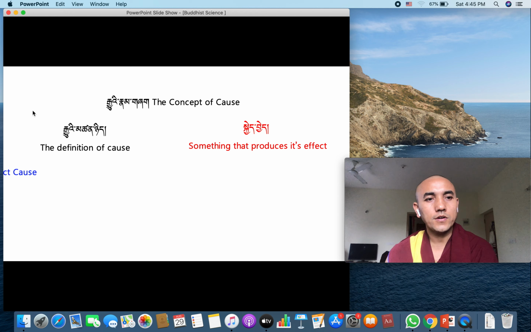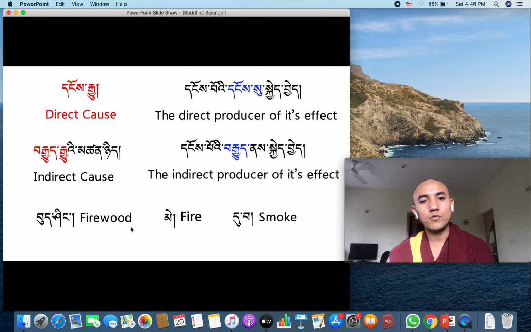If you look at the firewood and smoke, there is something in between, and that is fire. Therefore, firewood is the indirect cause of smoke because fire is in between the firewood and smoke.